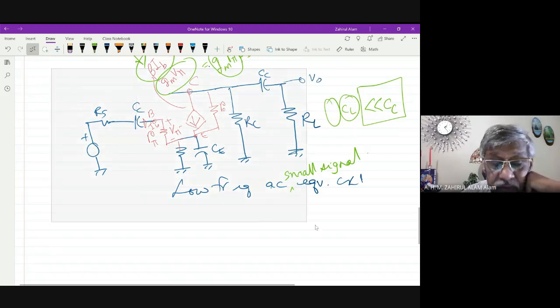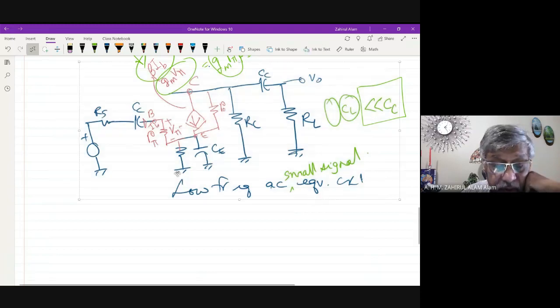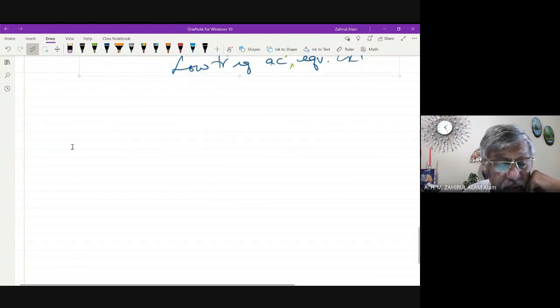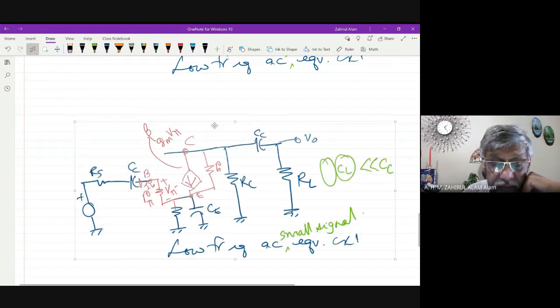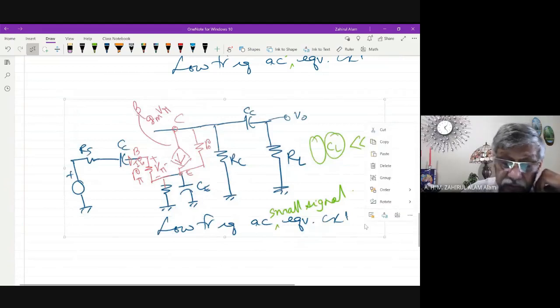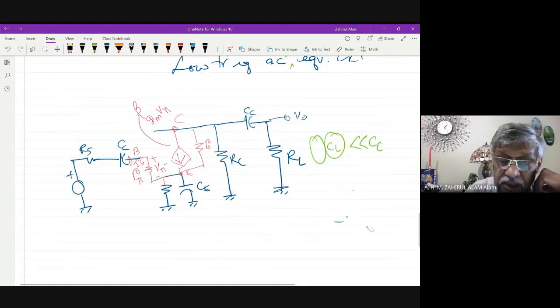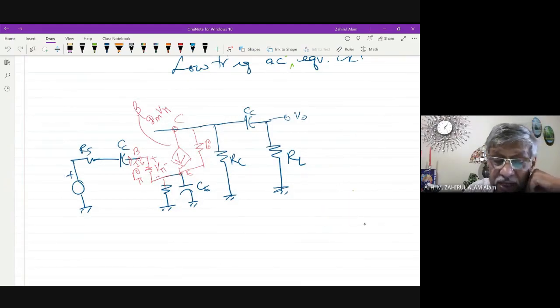Now I copy this one. Now we need to draw for the mid-band frequency. Mid-band is small signal. Mid-band is after low frequency.